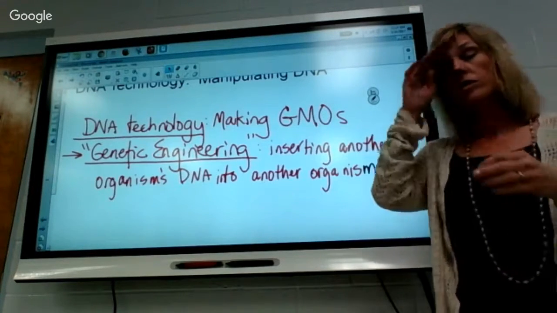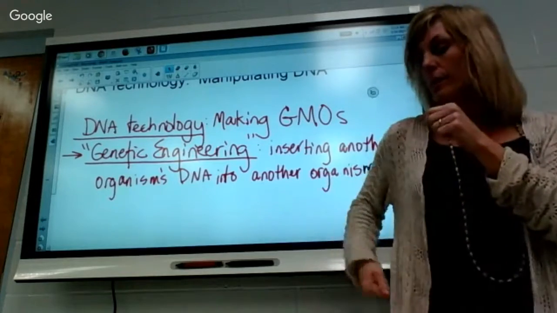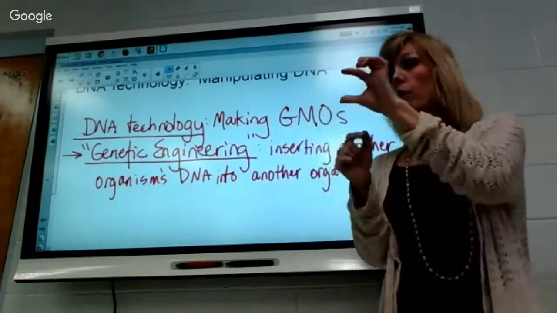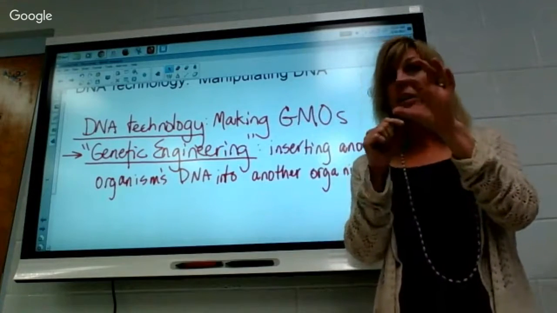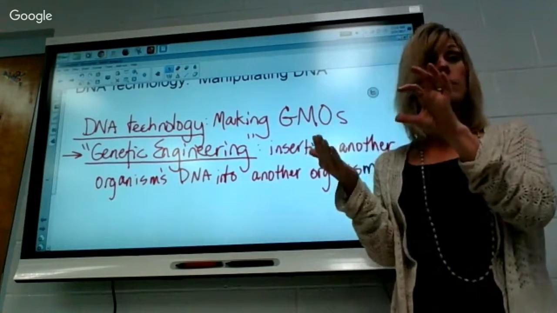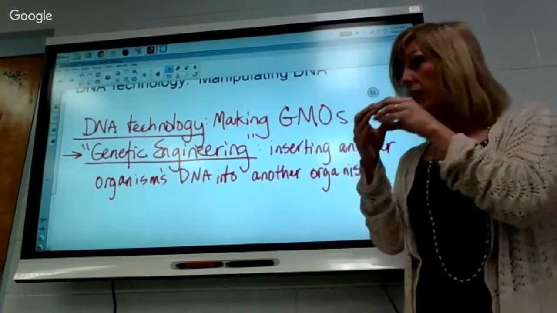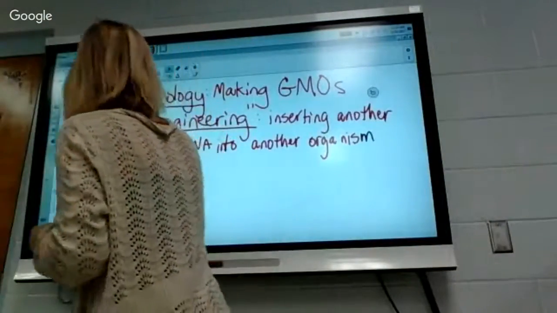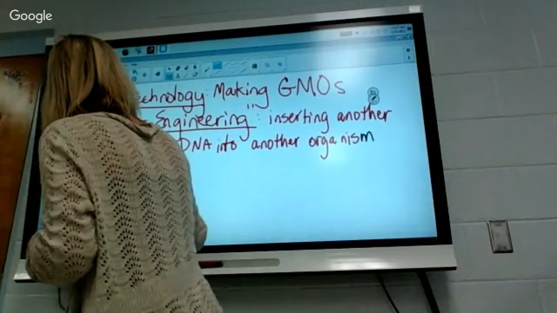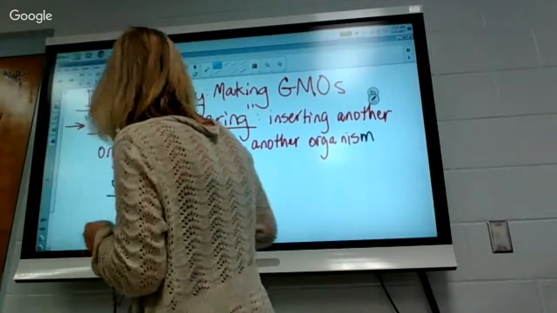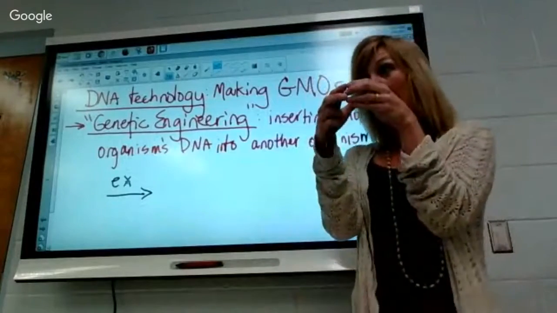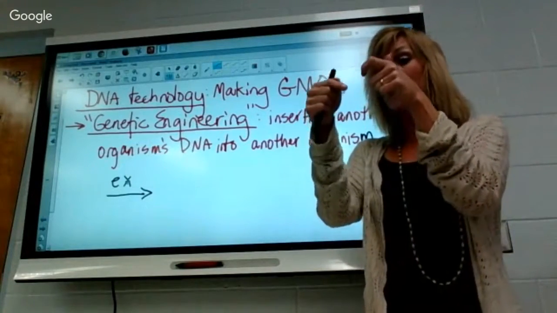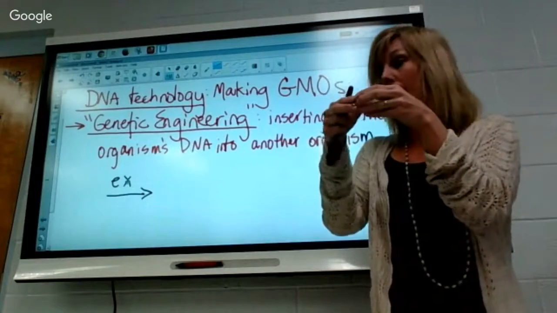If you know anybody that's insulin dependent, the little vials of insulin don't come out of some human's pancreas. What they've done is they take a bacterium's DNA and they cut it and they insert a human insulin-making gene into that bacterium.